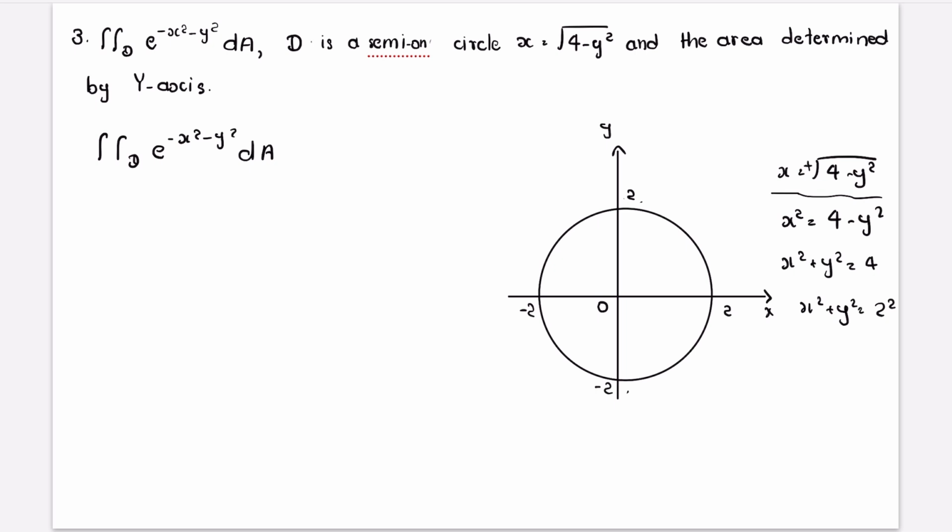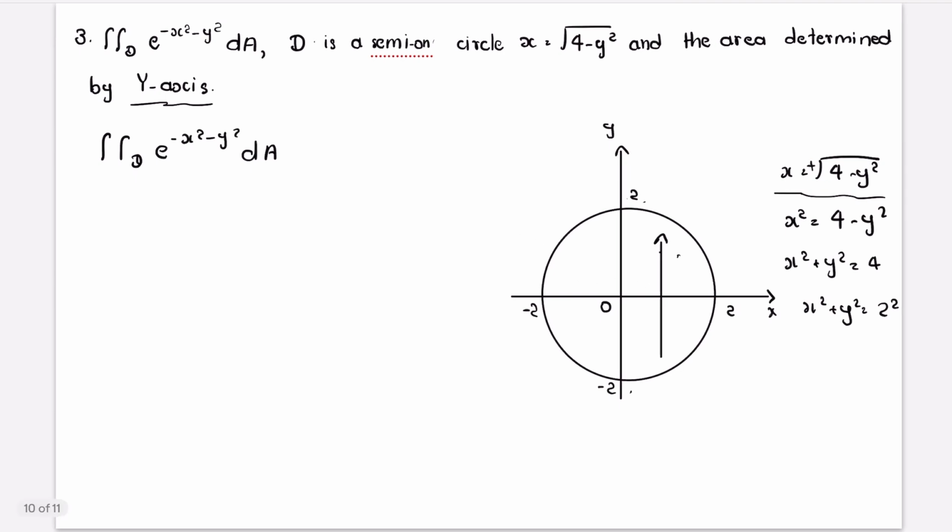Okay, what is given? Oh, by the y-axis. Y-axis means y is plus, so we can know that y will be only this.